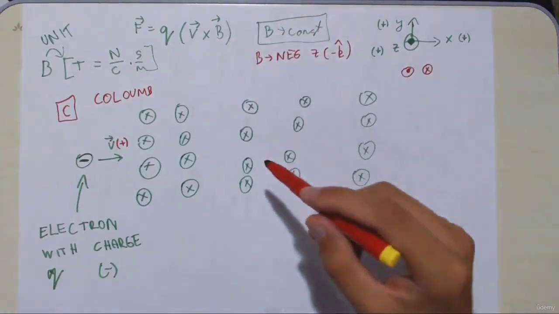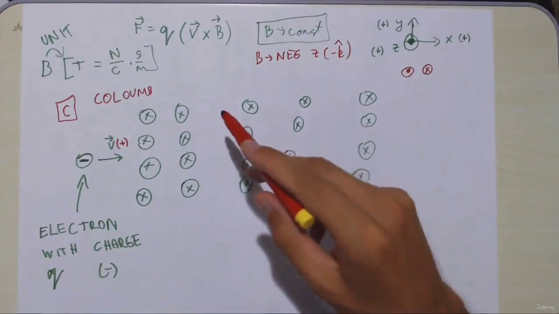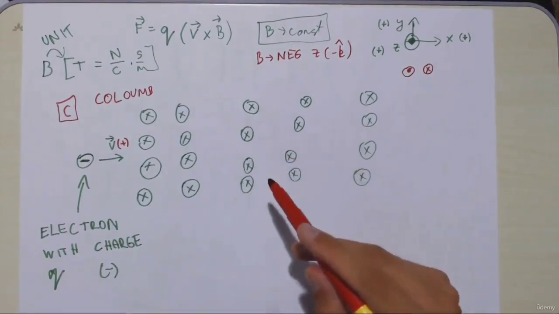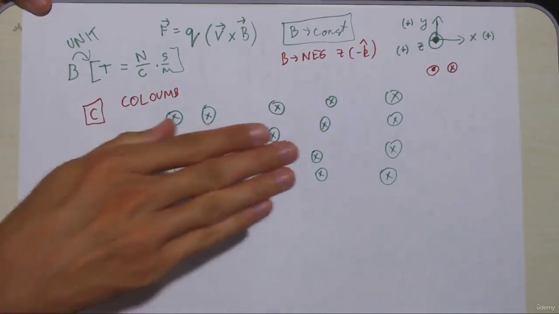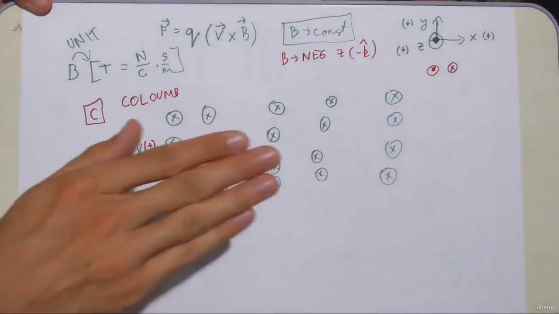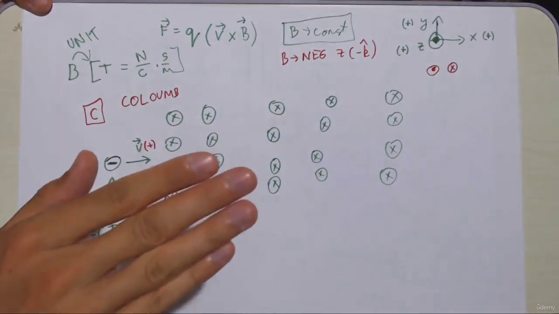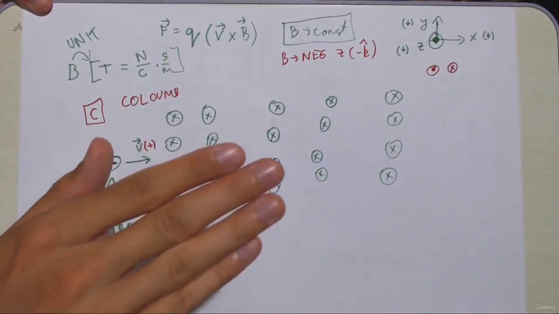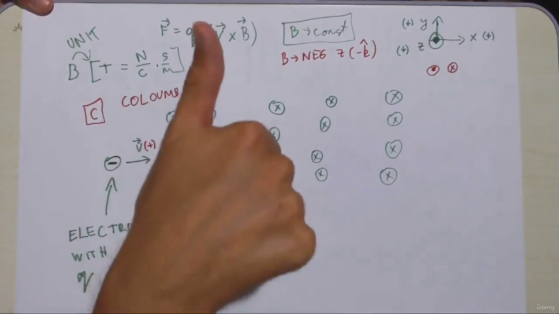Now, what would be the direction of the force just by thinking about the right-hand rule? Well, if my electron moves through the magnetic field in this way, so this is the velocity, and then if the magnetic field's vector points down, then my thumb goes up.